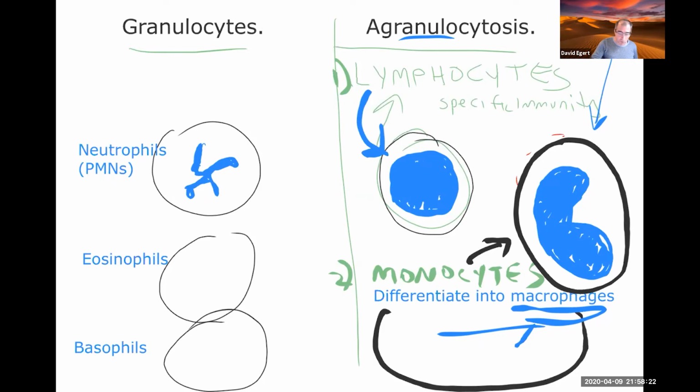Polymorphonuclear means they've got a many-shaped nucleus. They have granules, but the granules are pretty light, kind of little blue and red dots, but they're not that dramatic. The main thing you see when you look at a neutrophil is that crazy, weird nucleus.